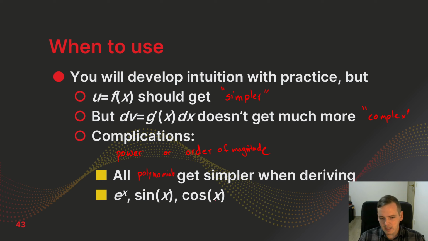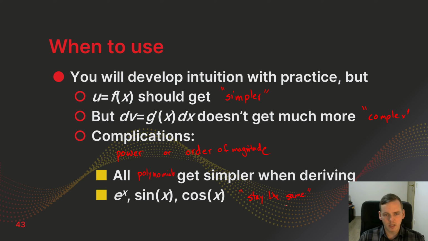Conversely, e to the x, sine of x, and cosine of x, when you take the derivative of those, they don't get simpler. They kind of stay the same. And on the flip side, when you integrate e to the x, sine of x, cosine of x, those pretty much stay the same too, right? The integral of sine of x is just going to be negative cosine of x.